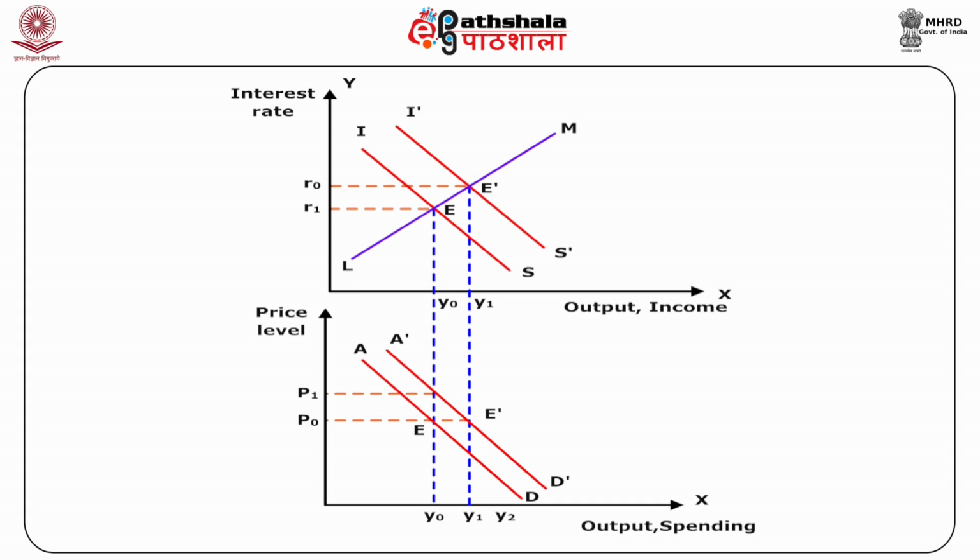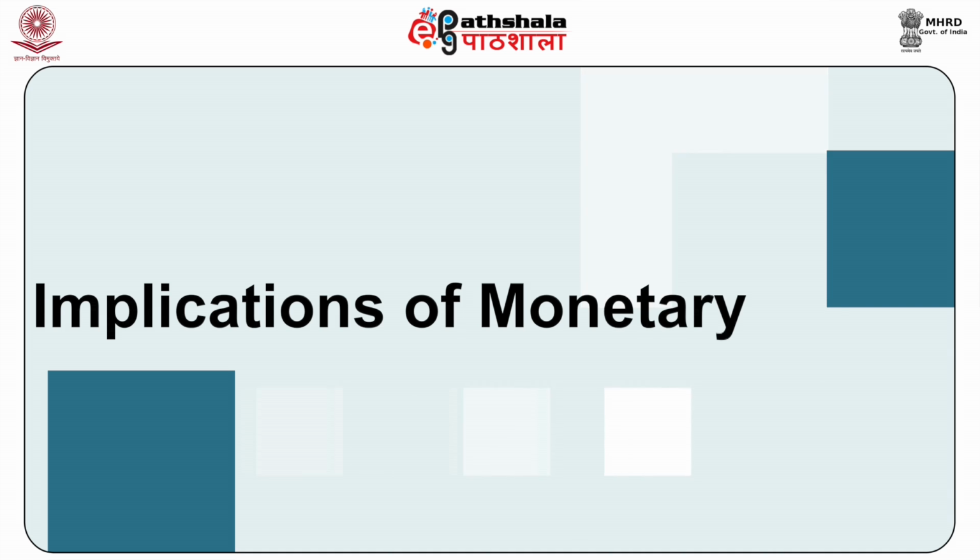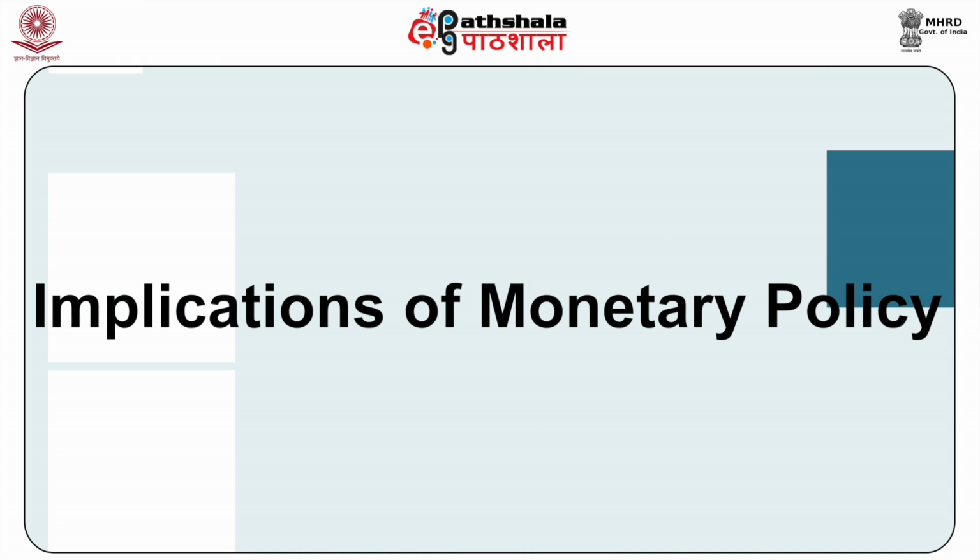So with expansionary policies, if government expenditure increases, aggregate demand does increase and the level of output does increase, but this has an implication for the price level as well.